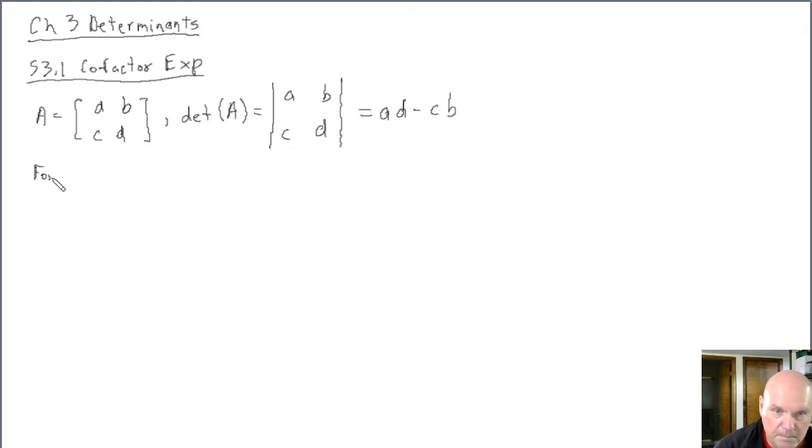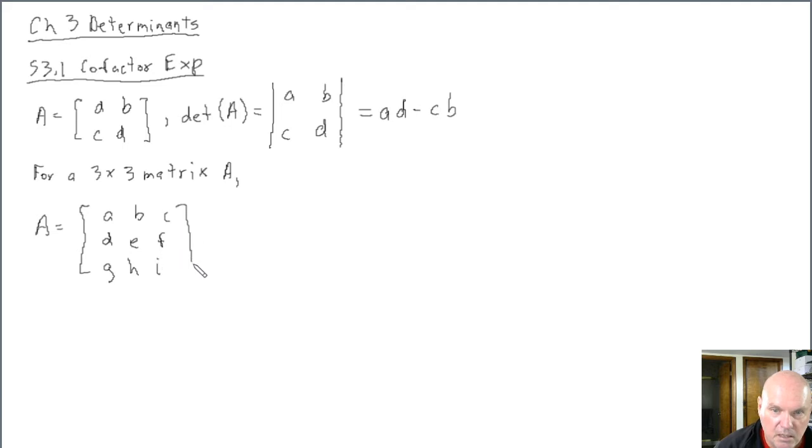Now for a 3 by 3 matrix A, which we will indicate with these elements, a, b, c, d, e, f, g, h, i, you can show that this matrix is only invertible if the determinant is not equal to 0, where the determinant of A, in this case, is this number.